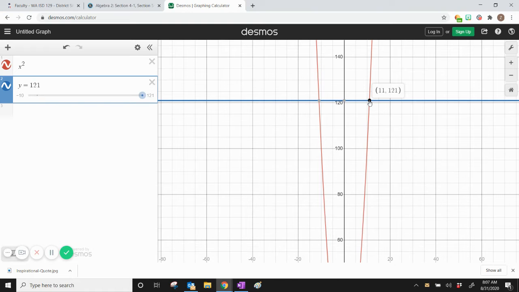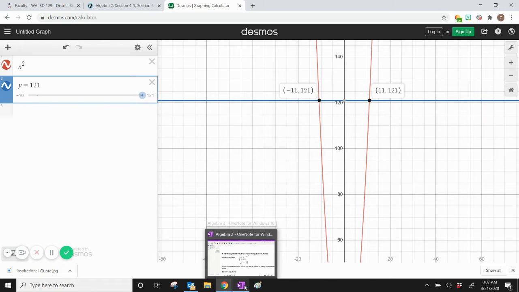When these graphs intersect each other, these are my solutions. Notice it doesn't only hit once, it hits twice, at positive 11 and negative 11. There are two solutions to this quadratic equation.